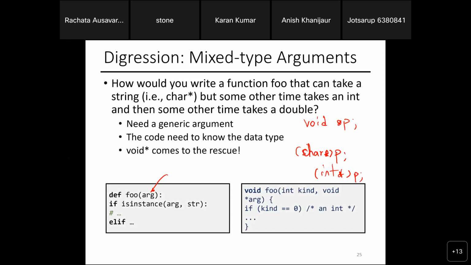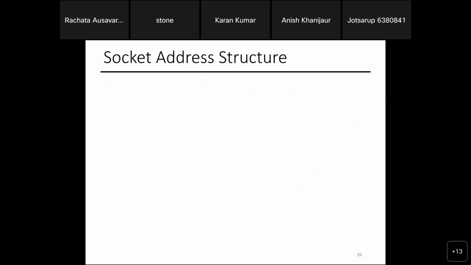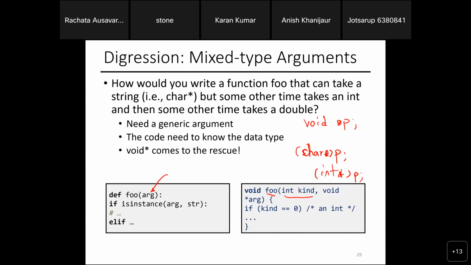So that's Python, which is simple. In C, here's what you do. Function foo, oops, sorry. And then the kind of argument you're dealing with, for example, you pass in foo 0. The assumption in this case is, okay, if kind is 0, I will cast arg to be an integer. All right. So when I use the function, I need to pair that with the type of argument I want. It can be some number. All right.